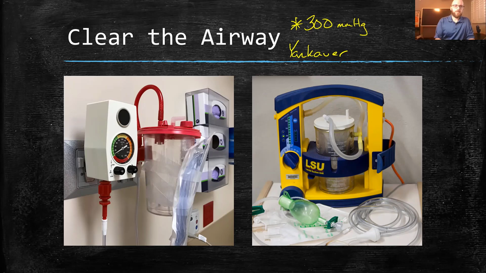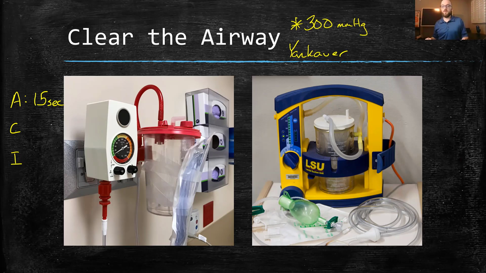The time intervals are based on whether we're talking about an adult, a child, or an infant. For adults, they say suction for no more than 15 seconds on the way out.